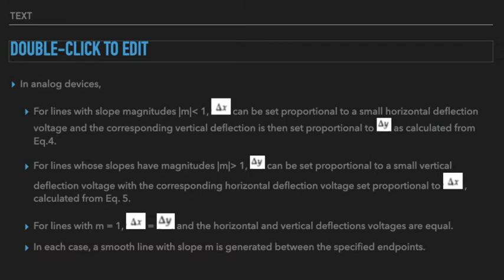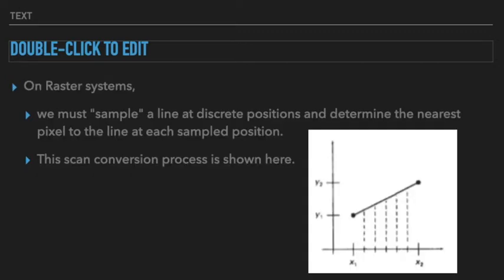In analog devices like random scan systems or a pen plotter, you can draw a smooth line directly using these equations. But in the case of raster systems, lines are plotted with pixels, and step sizes in horizontal and vertical directions are constrained by pixel separations.